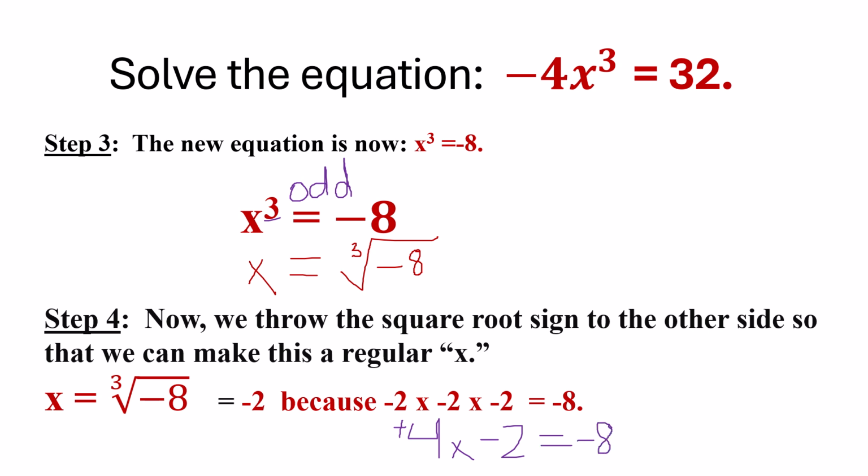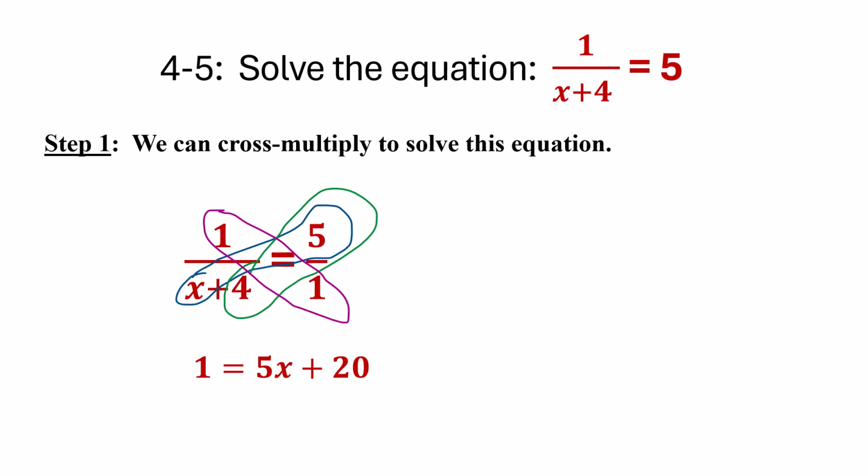So what is your answer? It's 2. It's negative 2. Sorry, it's not 2, it's negative 2. All these negative 2's cubed give you your answer. Okay, now let's go on to the next.